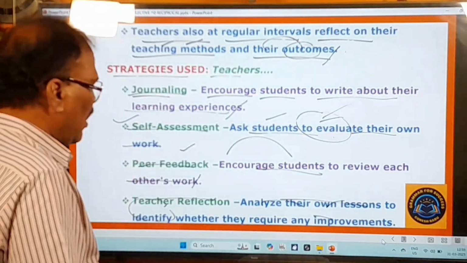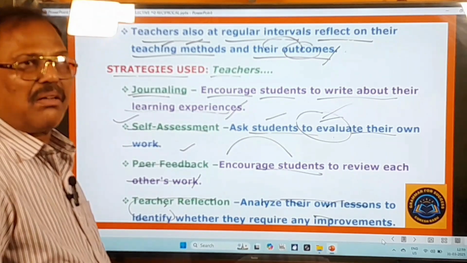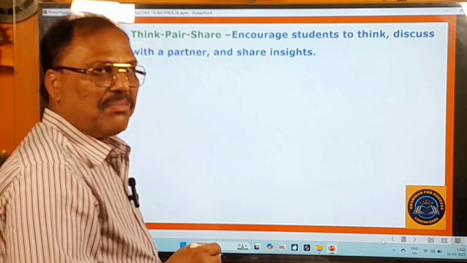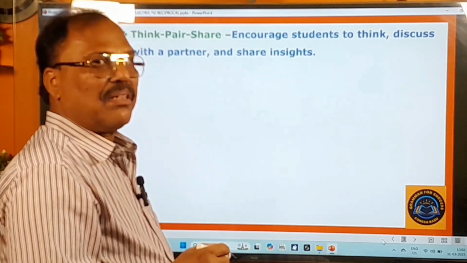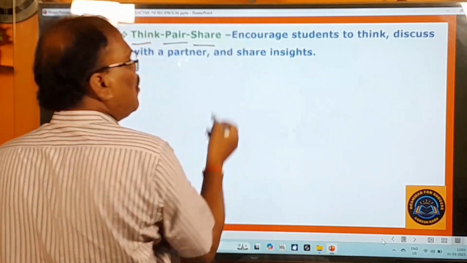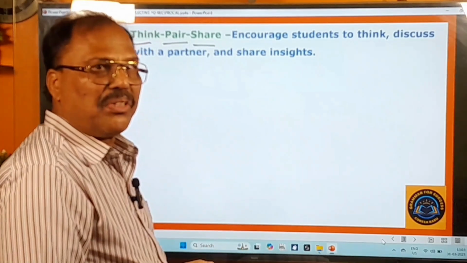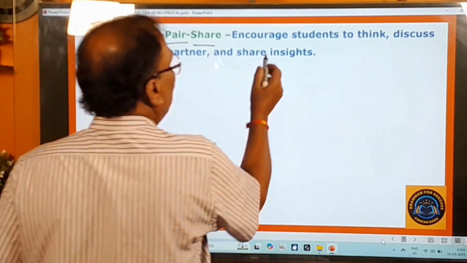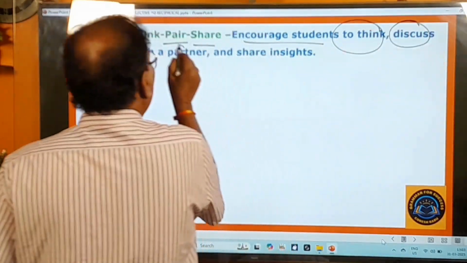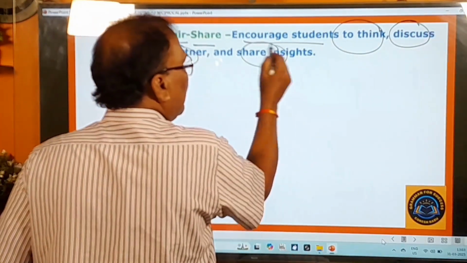Now you move on to learn other important things of this reflective teaching. The last strategy which the teachers can adopt in this reflective teaching is think, pair and share. So according to this, what should the teachers do? The teachers should encourage students to think, and to discuss with a partner, and to share insights.